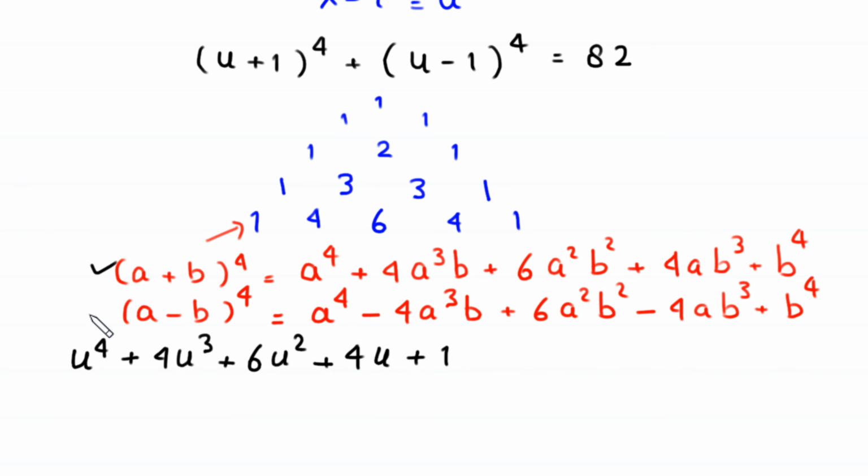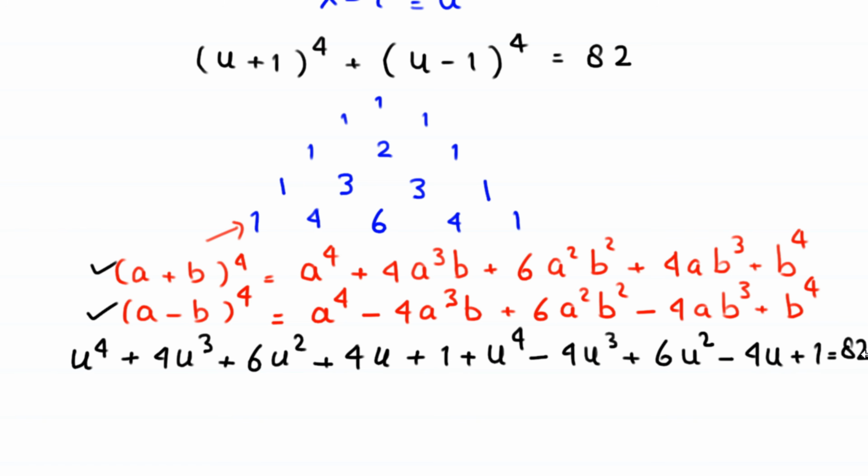And by using this identity, (u - 1)^4 will become u^4 - 4u^3 + 6u^2 - 4u + 1, since 1 to the power 4 is 1, equal to 82.